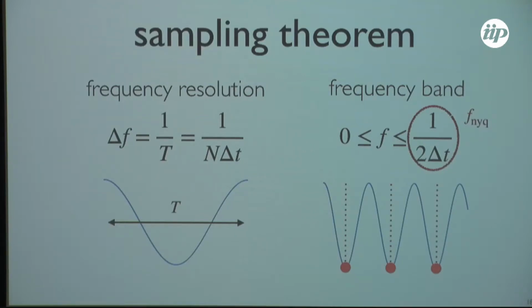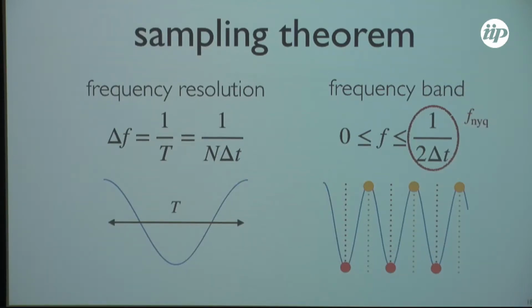So you cannot reconstruct the ups and downs of this signal just from the red data points, right? You're just not sampling with enough resolution to resolve this change. If you sample at a higher rate, then you can actually start reconstructing this oscillatory behavior, and so this is where this cutoff comes from.